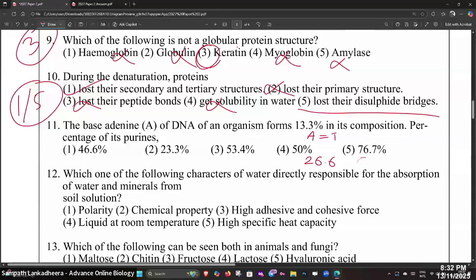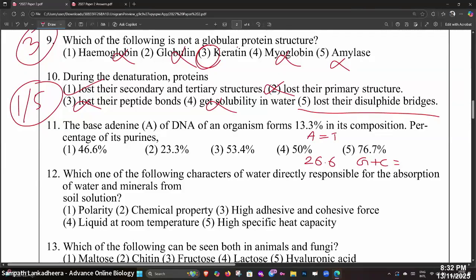Guanine plus cytosine make up the remaining amount.